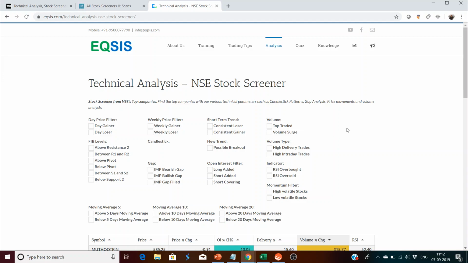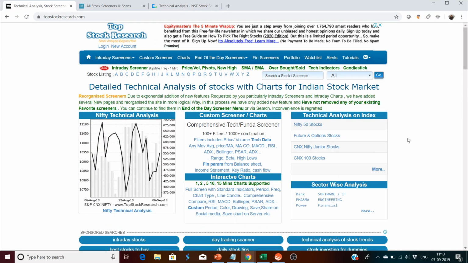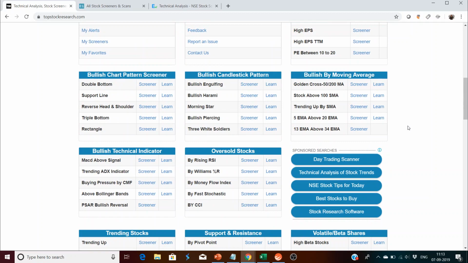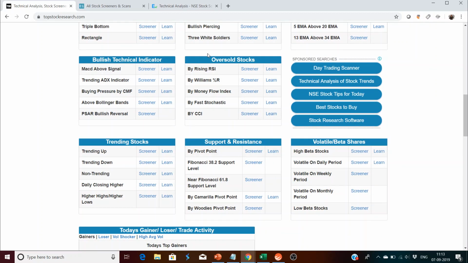Now, coming to the next topic, which is how do you find stocks for swing trading. One of the best methods is to use oversold stocks. In oversold, you can go to top stock research, and there is RSI, Williams %R, money flow index, CCI, and fast stochastic.